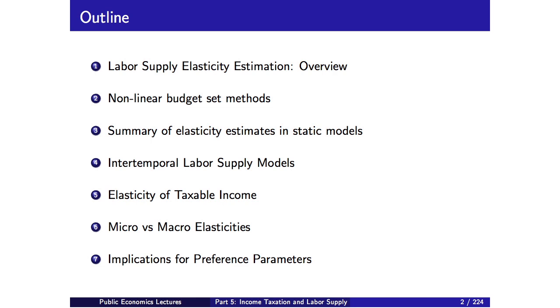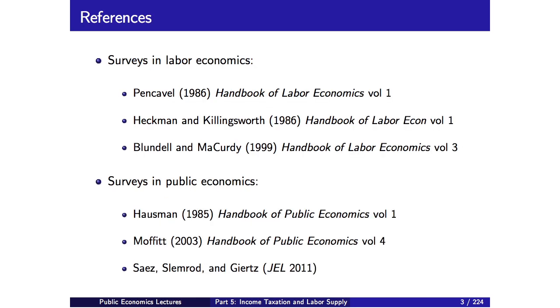We'll say a little bit about micro and macro elasticities. There's a whole separate macro literature on estimating these elasticities that's highly relevant for the business cycle literature and growth literature. And then I'll end by talking about some implications for preference parameters, which ties a lot of this reduced form empirical work back together to the structural model that's underneath.